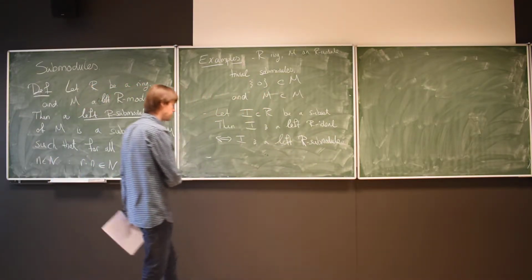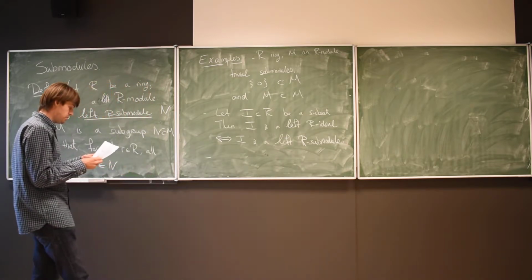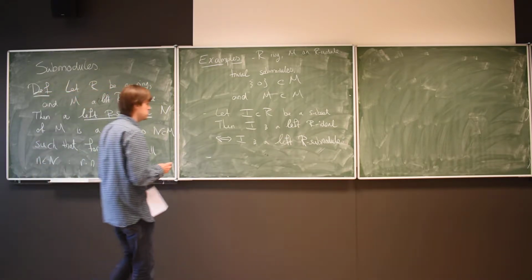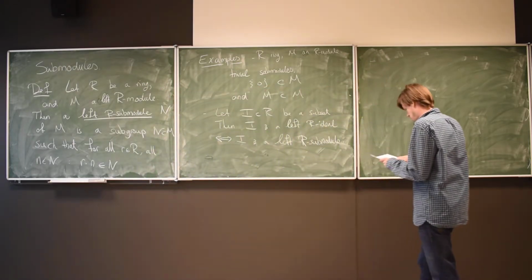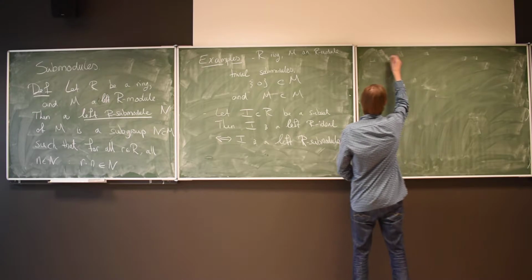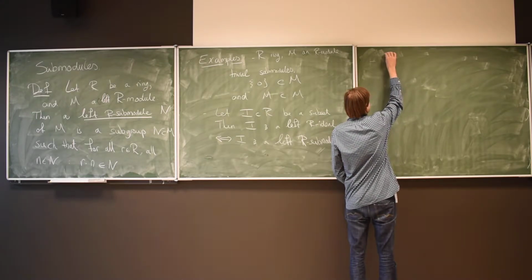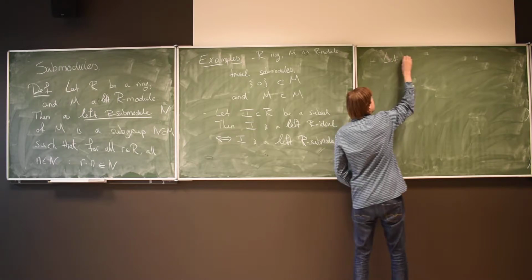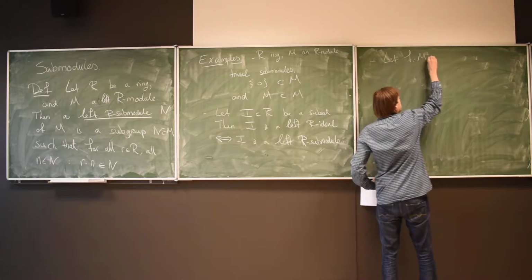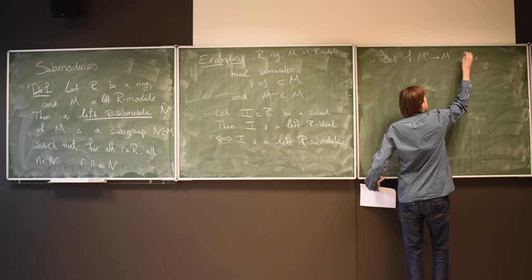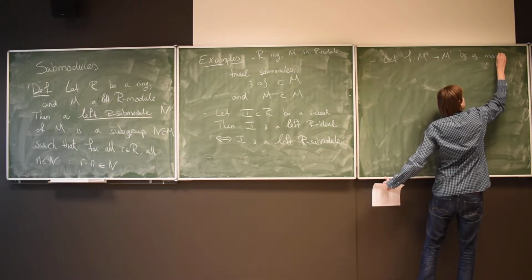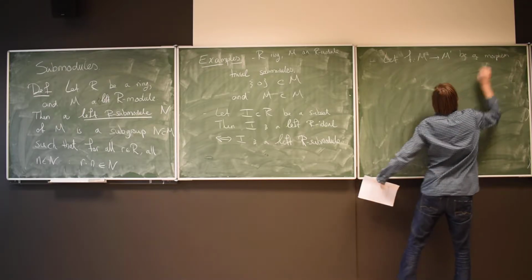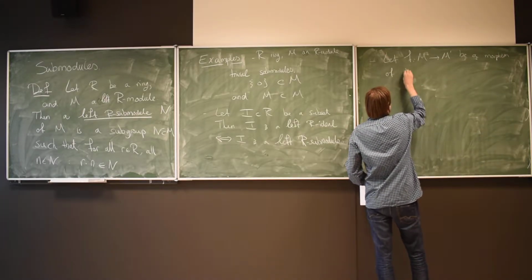Okay, then if we have a morphism of R modules, we can also attach two submodules to it. So suppose, let f from M to M prime be a morphism of R modules.